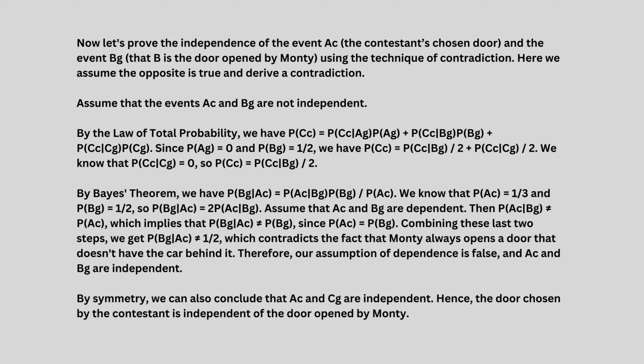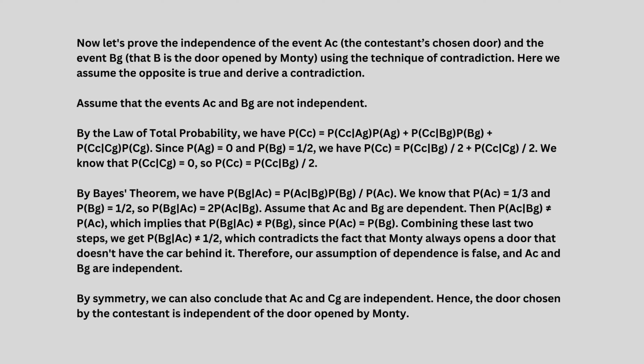Since the probability of AG is 0 and the probability of BG is 1/2, we have the probability of CC equals the probability of CC given BG divided by 2, plus the probability of CC given CG divided by 2. We know that the probability of CC given CG is equal to 0. So the probability of CC equals the probability of CC given BG divided by 2.